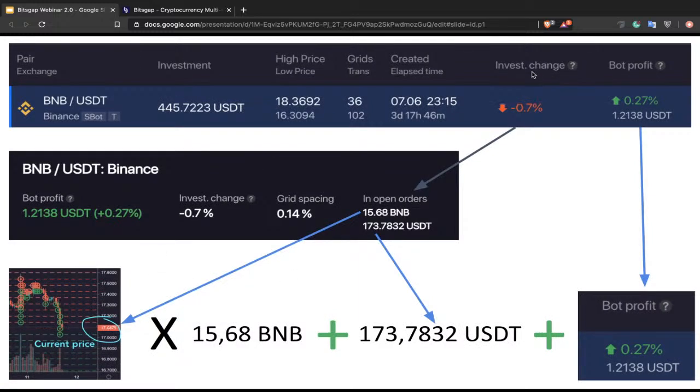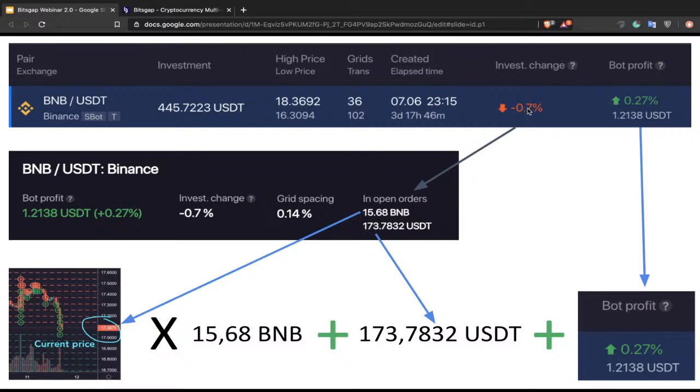You are mostly interested in the investment change because that's the return on investment, and you want your return on investment to be positive, all right? But that's not always the case, because you can be wrong regarding the market direction. Let's say you expect the price of the base currency, in this case BNB, to go upwards, whereas instead it has moved downwards.